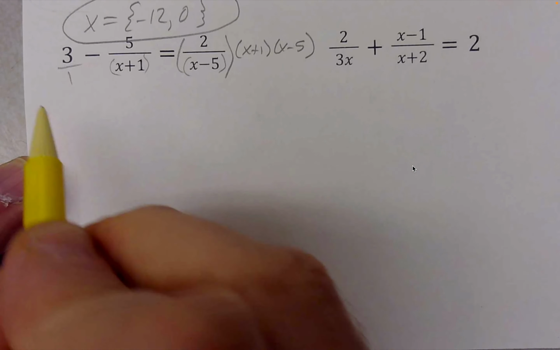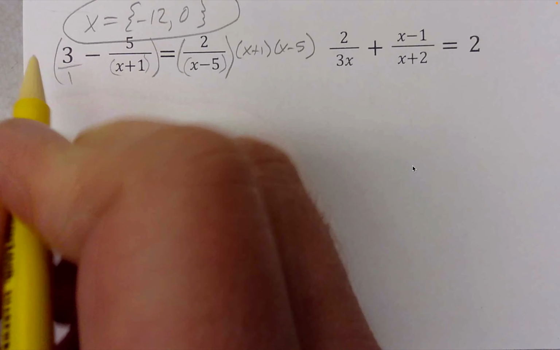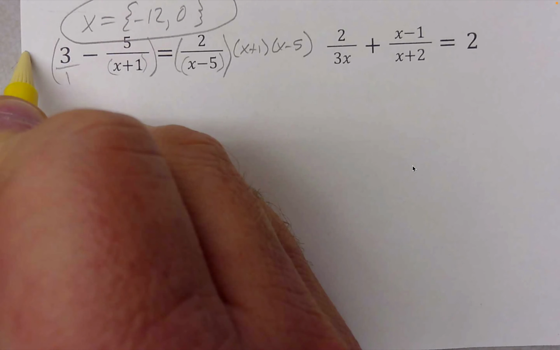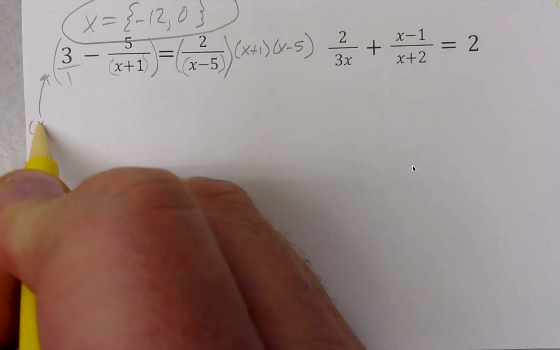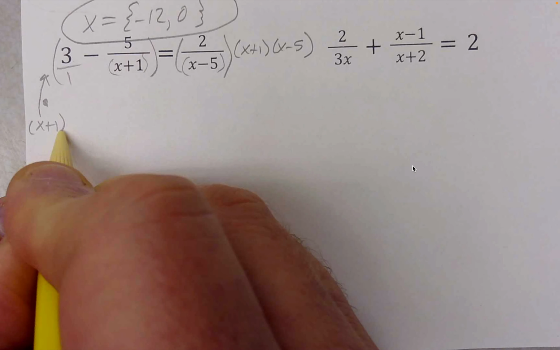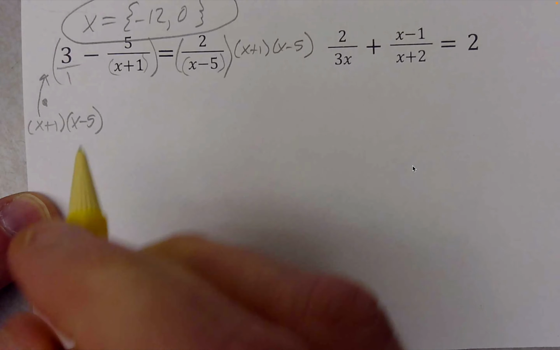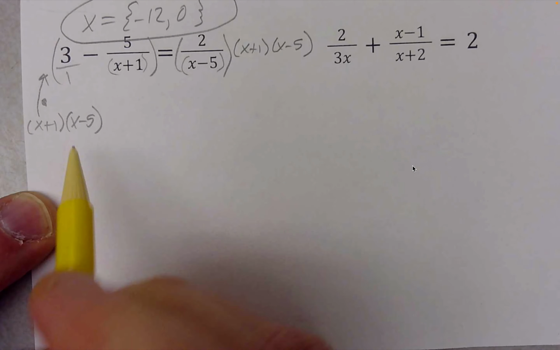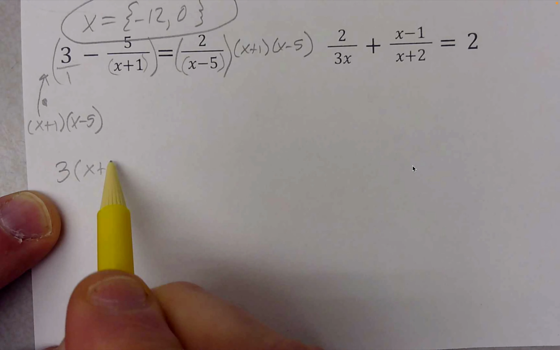And then we have to multiply this side by the same thing, and good luck squeezing that in here. So I'm just going to go like this: x plus 1, so times, I'll put times there. What I will end up with then is 3 times this stuff.